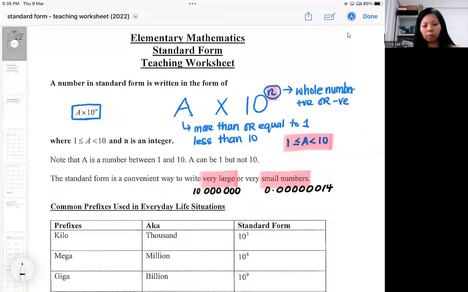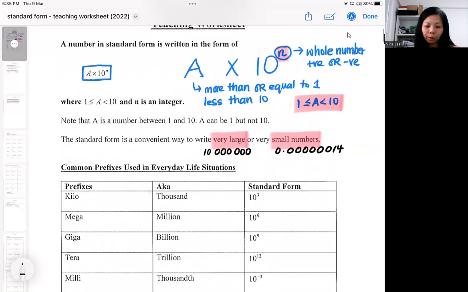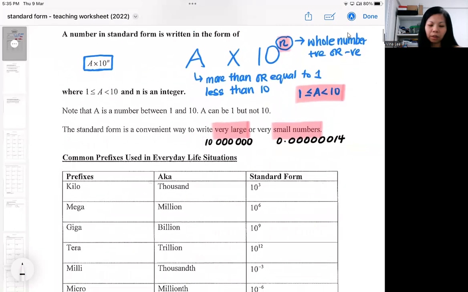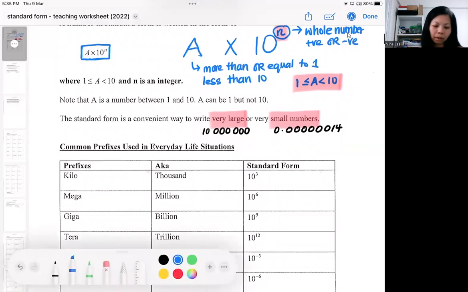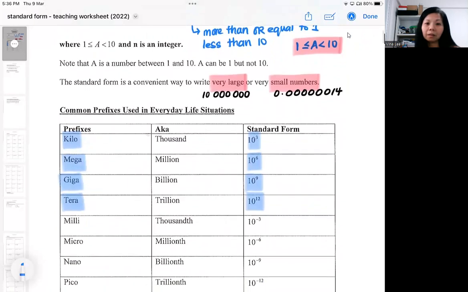Before we get to those questions, you must understand the prefix and also the condition for standard form first. For the prefix, there are certain prefixes that we will use. There will be kilo, 10 to the power 3, mega, 10 to the power 6, giga, 10 to the power 9, tera, 10 to the power 12. Do you realize that there is a pattern?